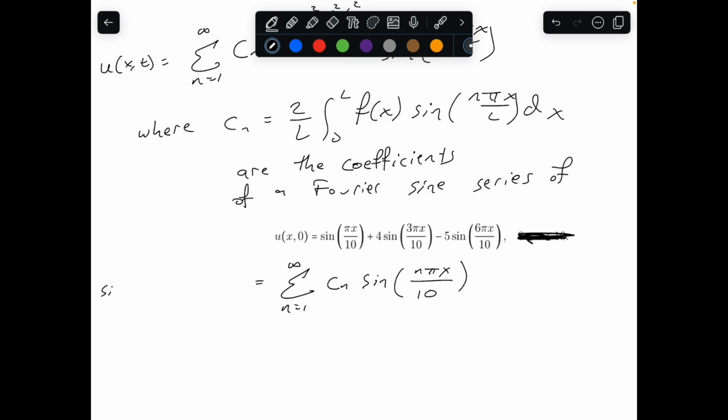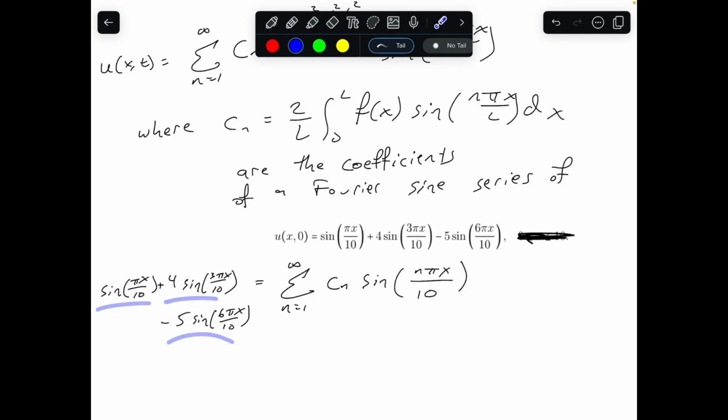And so we're writing sine of pi x over 10 plus 4 sine of 3 pi x over 10 minus 5 sine of 6 pi x over 10. We're writing this as a sum of constant times sine of n pi x over 10. But it's literally already written as a Fourier sine series.